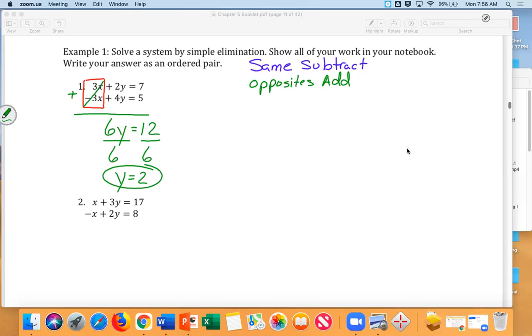Now, what I need to do from here, this is where it's a little bit more difficult than substitution. Once you had your number in substitution, you just plugged it back into the one equation and you got your x or your y real quick.